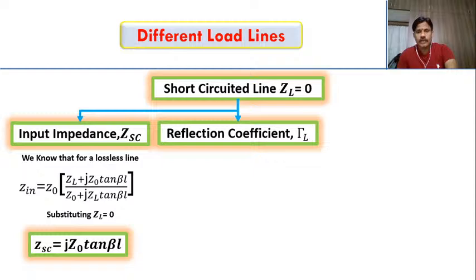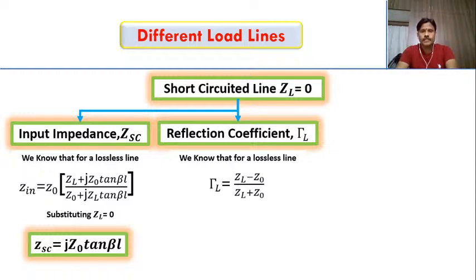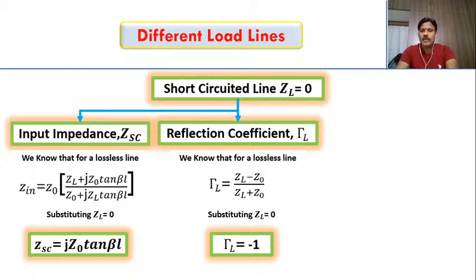So in this expression, wherever you have ZL, we have to consider the value 0, just as we obtained the input impedance ZSC by replacing ZL equals 0. So in the original expression, gamma L equals (ZL minus Z0) by (ZL plus Z0), with ZL as 0 in both numerator and denominator, so minus Z0 by plus Z0. So what we get is minus 1.